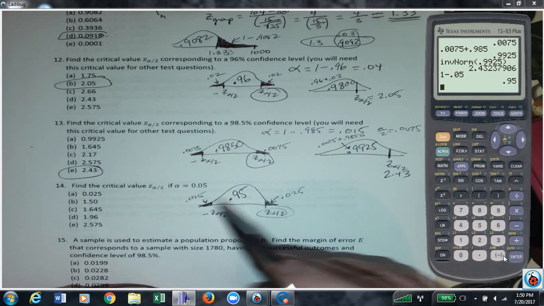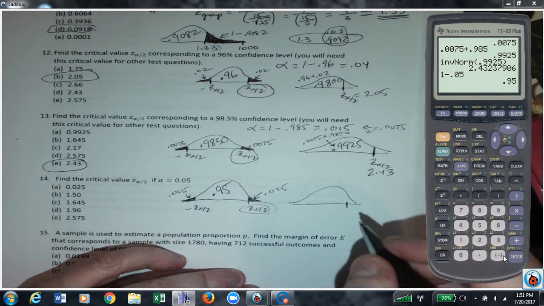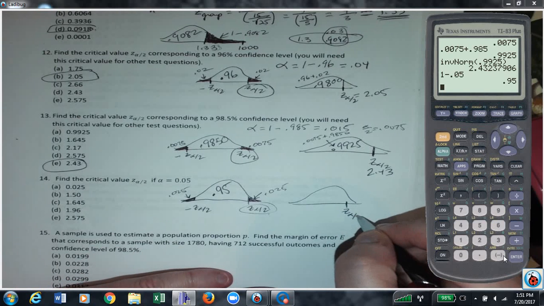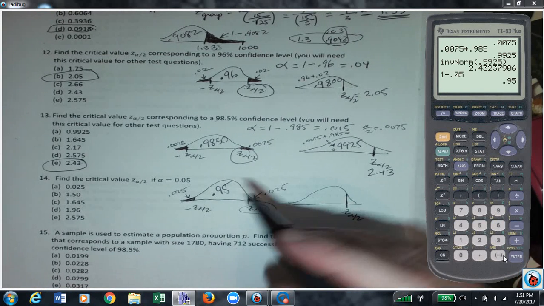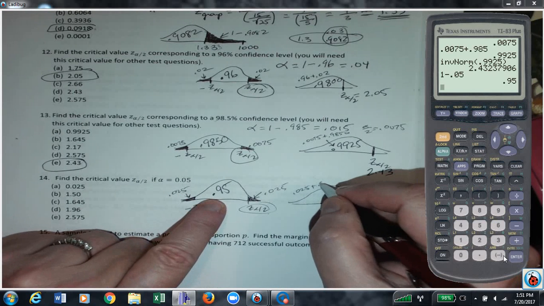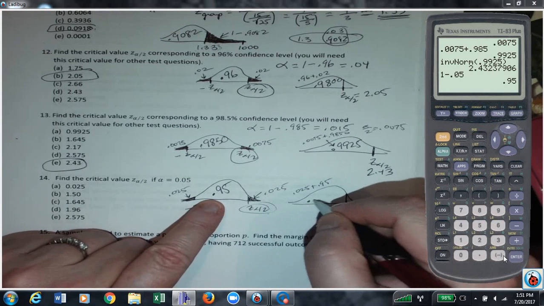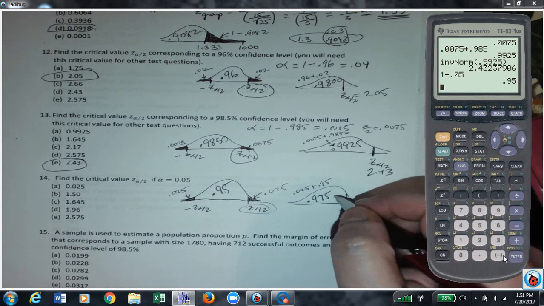I need to know total left area. So to get the total left area, to get this guy here, I have to tell it what the total left area is, which is going to be 0.025 plus 0.95, and that will give me 0.975.